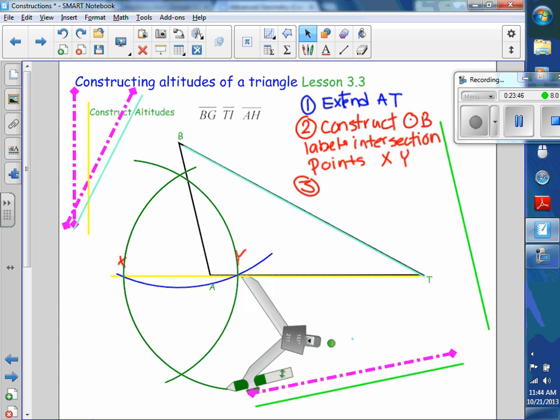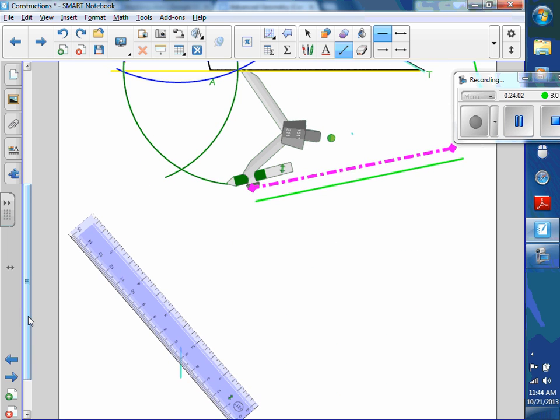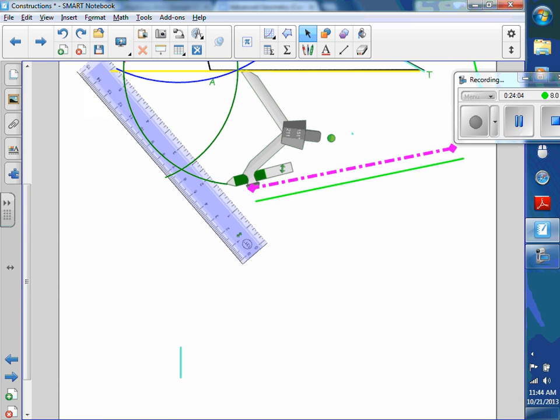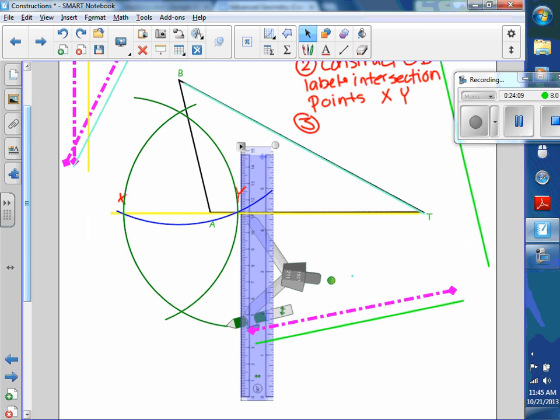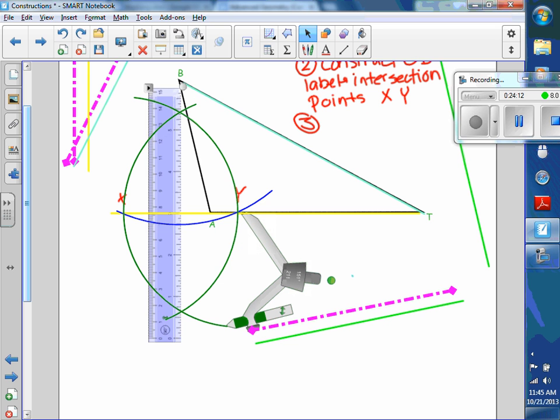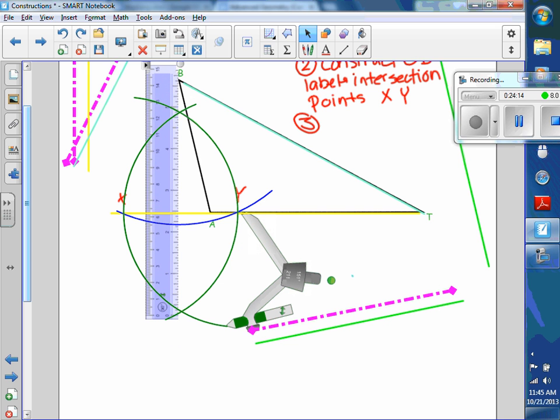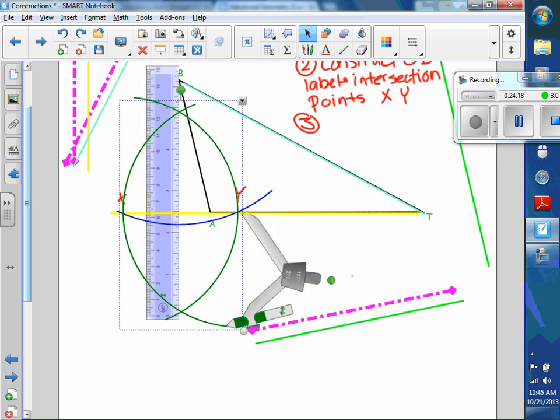There we go. And so when I take my straight edge, I'm just going to use a straight line, but you guys are going to use your ruler. I have to line my ruler up, or my straight edge, with the intersection points, but it should also go through B. And it's pretty close.